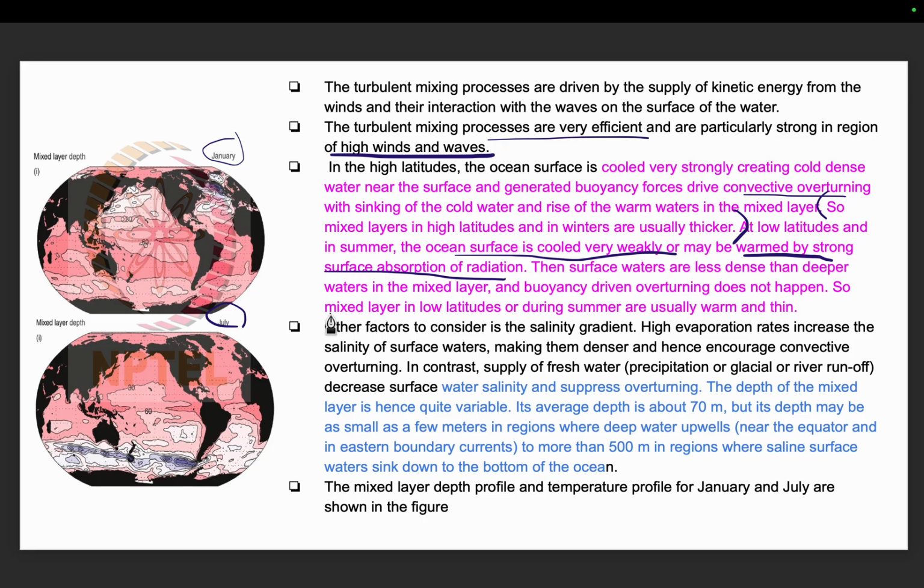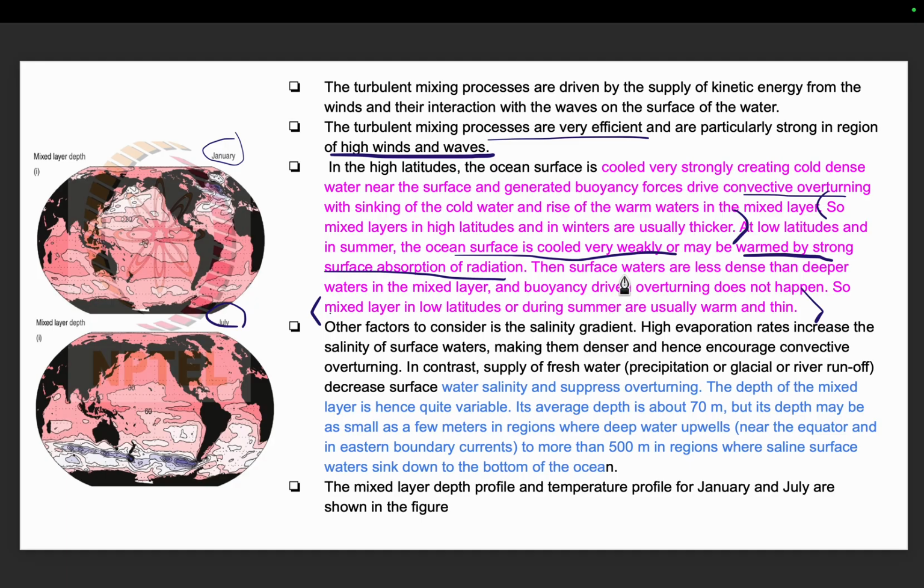So the mixed layer in the lower latitudes during the summer is usually warm and thin. The key points are that the mixed layer in higher latitudes in the winter is usually thicker, and in low latitudes during summer it is usually warm and thin.